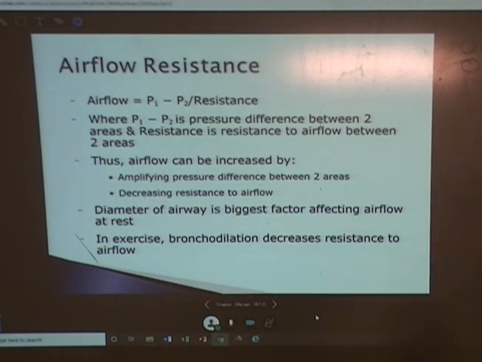So the resistance is the resistance to airflow between two places rather than the resistance to blood flow between two spots, right? So we can increase airflow then by making the pressure difference bigger and or by decreasing resistance to airflow.